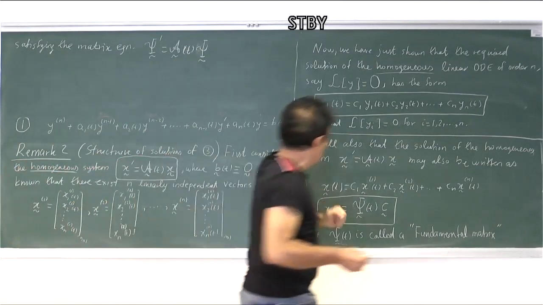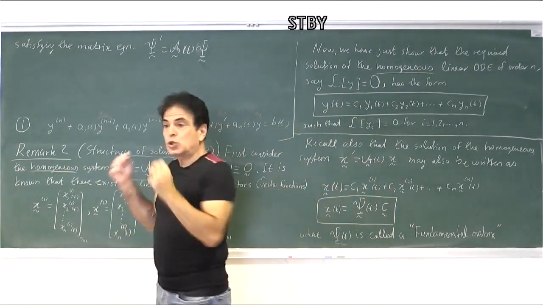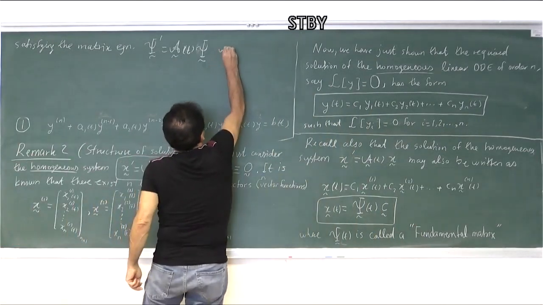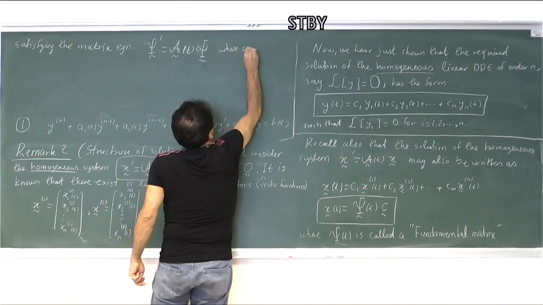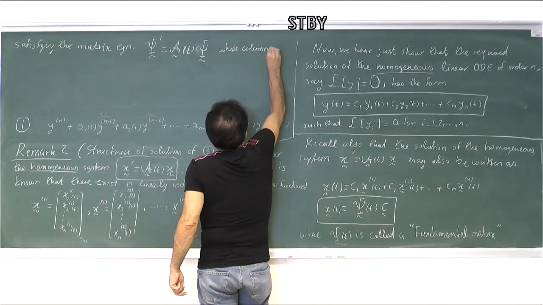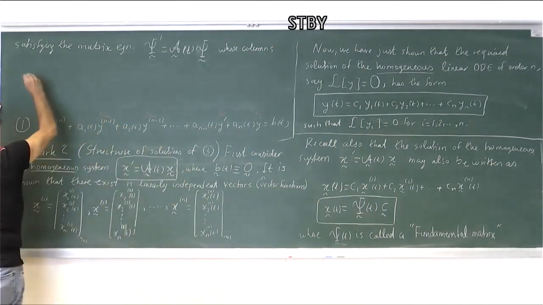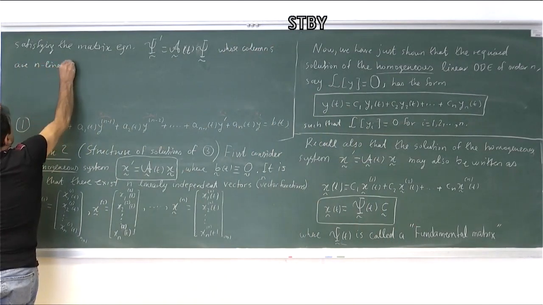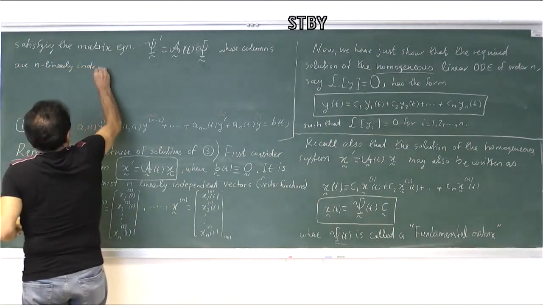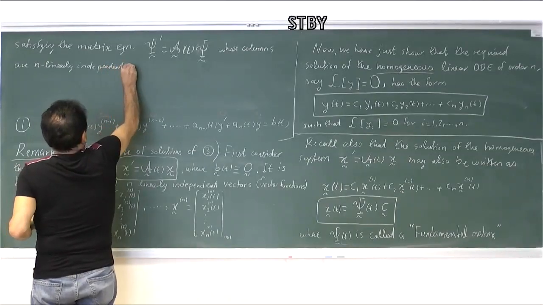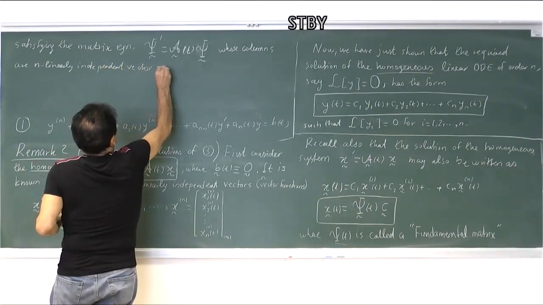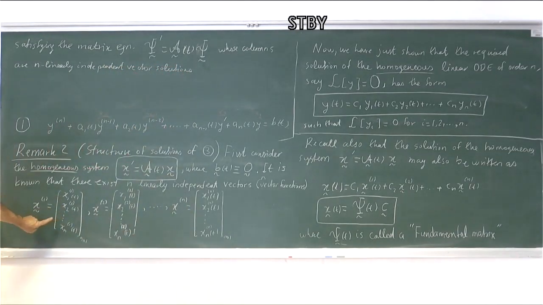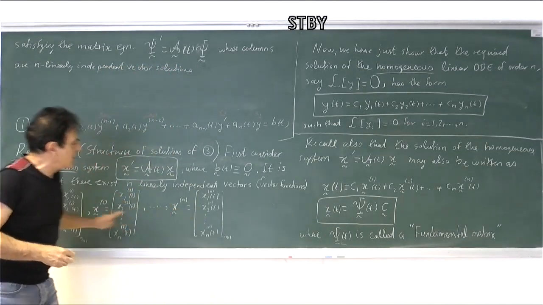It is called a fundamental matrix, whose columns are n linearly independent vector solutions.